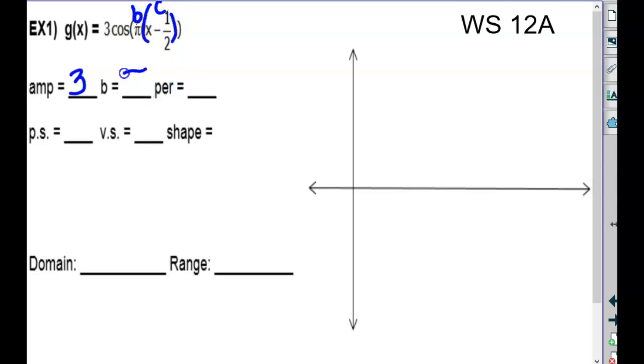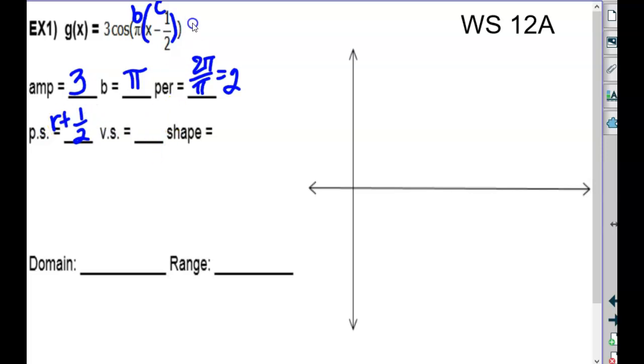So the B is pi, so the period is 2 pi divided by that B, which is just 2. So now, because that's true, and the phase shift is what? Right 1/2. We're not going to have any pi's on our graph. The pi disappeared when we divided it out, so we're just going to count by numbers, not things with pi.